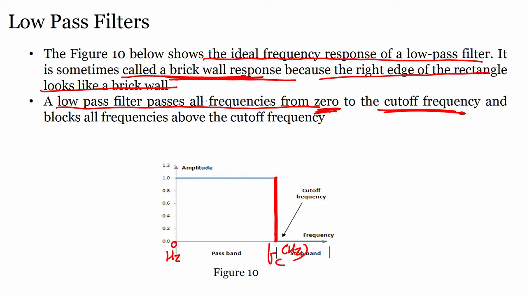So a low pass filter passes all the frequencies from 0 to the cutoff frequency and blocks all frequencies above the cutoff frequency. Where is my FC? The cutoff frequency is here. Actually this is amplitude.